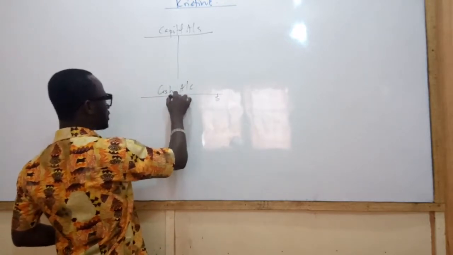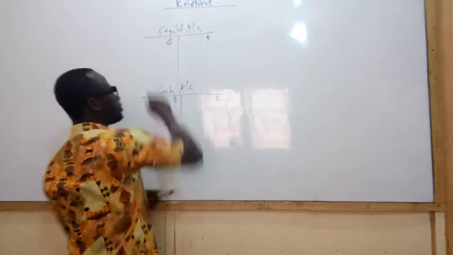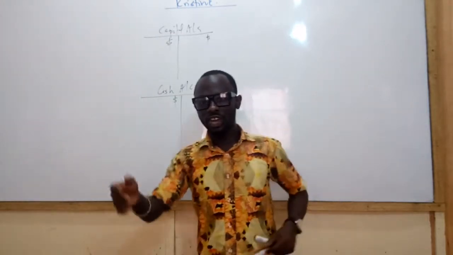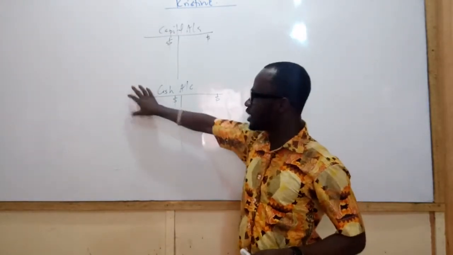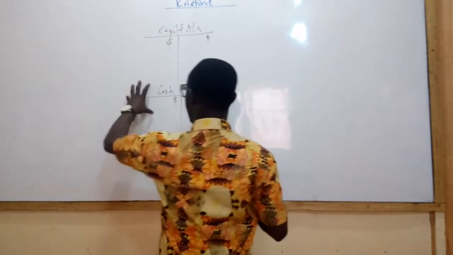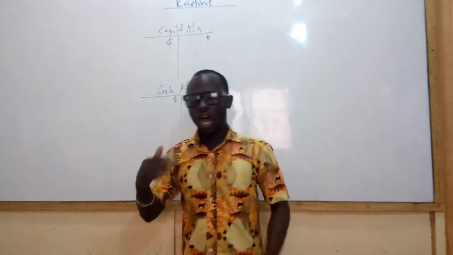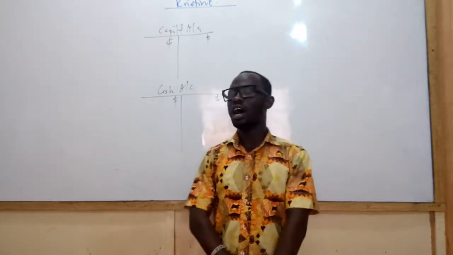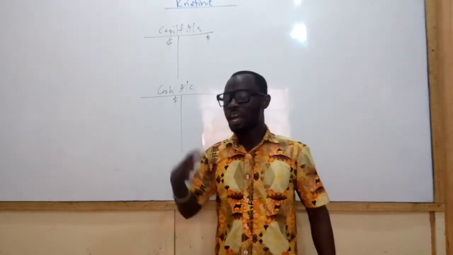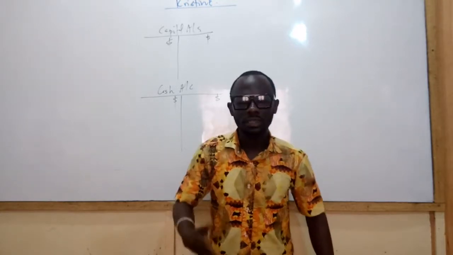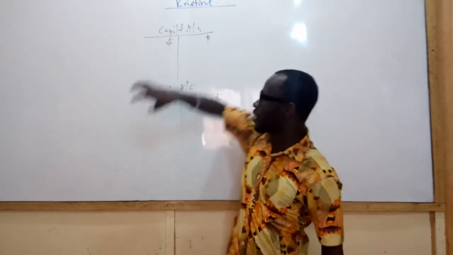As I mentioned in the introduction video, the left hand side is the debit and the right hand side is the credit. When you start a business with some money, the capital account always keeps a credit balance.